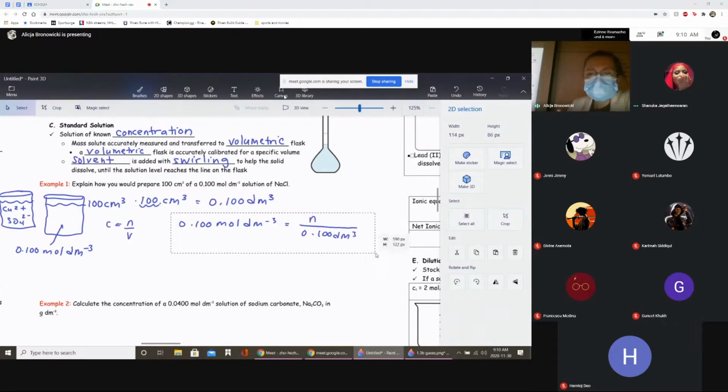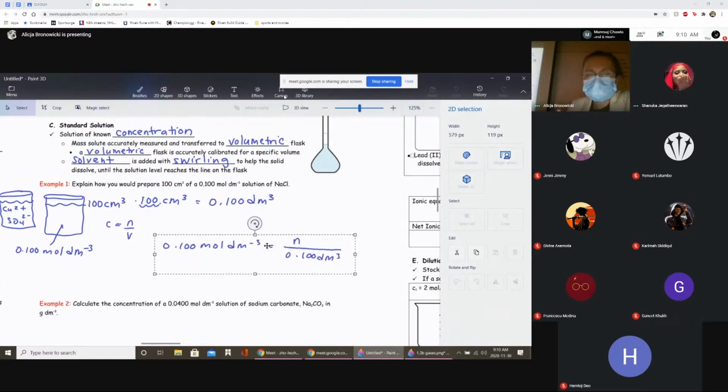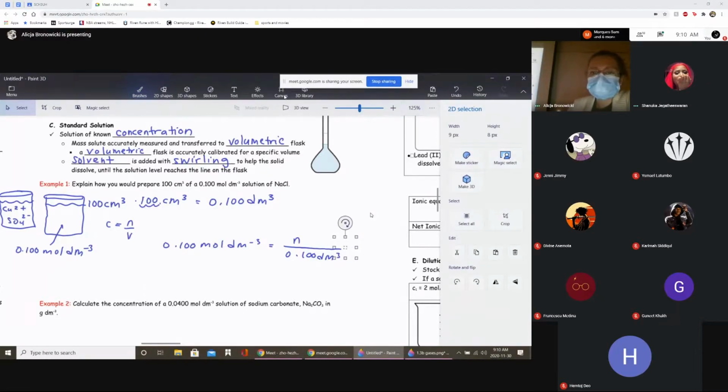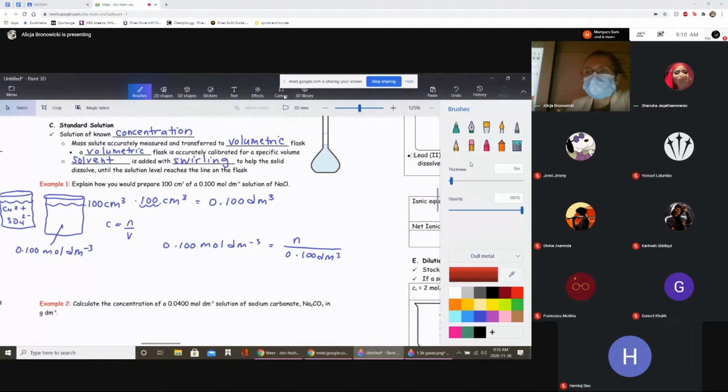Okay, so let's isolate N. So N equals 0.100 times 0.100 DM3.